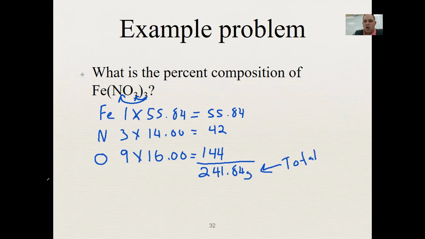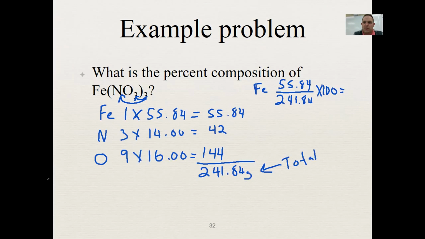Now we can go and find out what percentage of each element is of the total here. So what we can do is, I'm going to do it up here. Let's do Fe. We know the total amount of Fe is 55.84, divide that by our total, and times by 100.